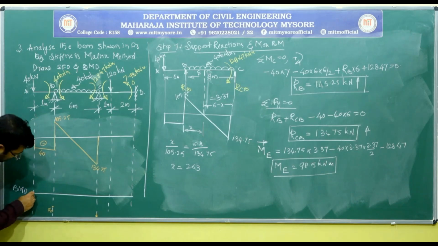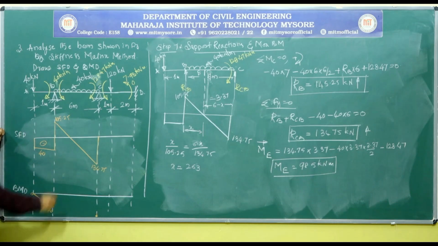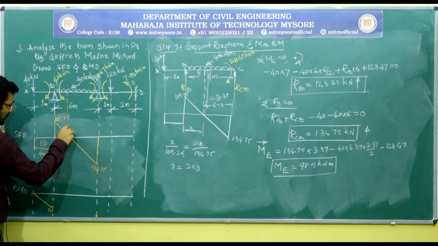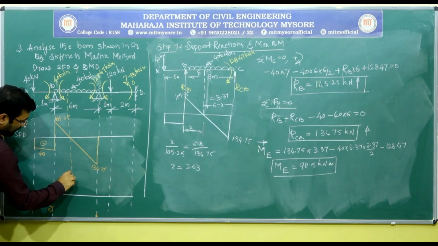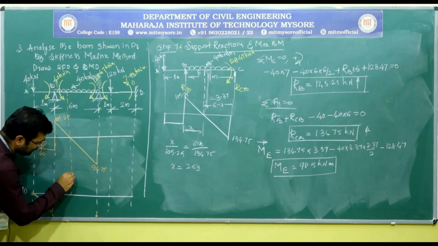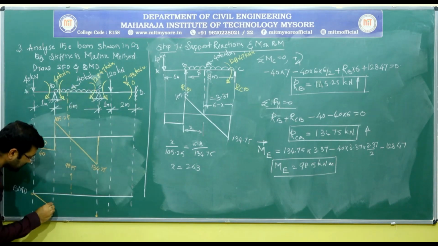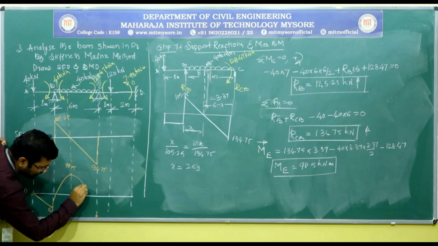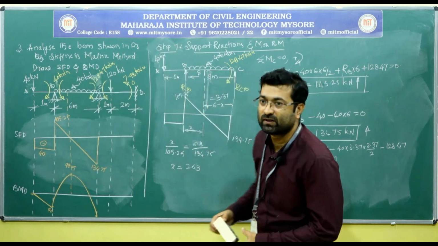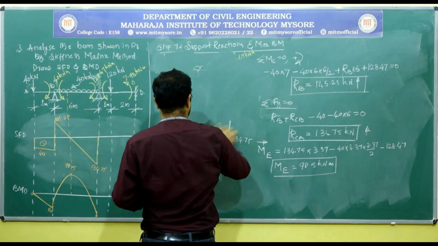Okay, because of concentrated load the variation is linear, but here where we have the 0 shear force, at this location the bending moment is maximum, and it is about 98.5. So I will show that here, 98.5. Because of the UDL, the variation will be parabolic in nature.